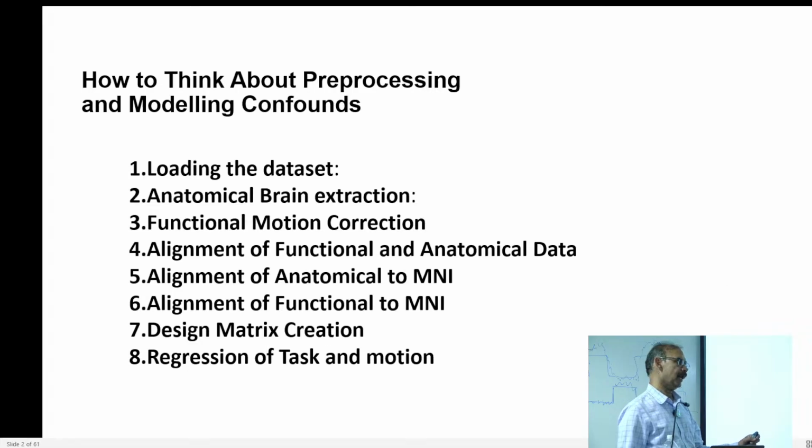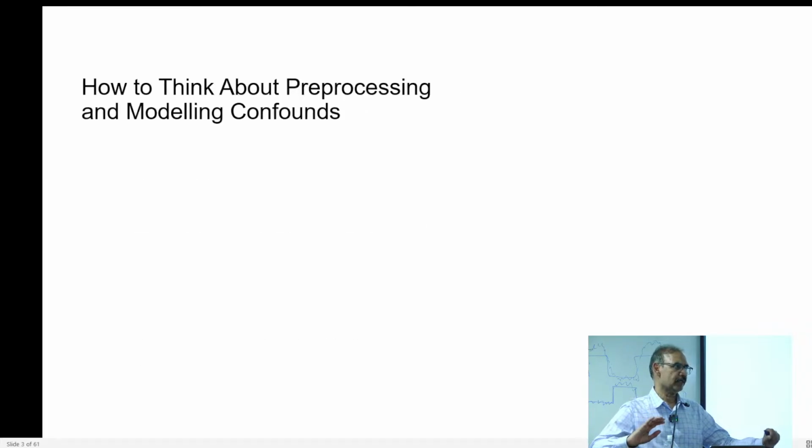And then how do we create a design matrix for task activation and then regression of task and motion. Perhaps as you design your experiment, or even when you are doing resting state, what is signal and what is noise depends on the question you're asking, right? For example, if you want to scan people who are addicted to drugs, you can collect resting state for healthy subjects and drug abusers, and then you can find differences.